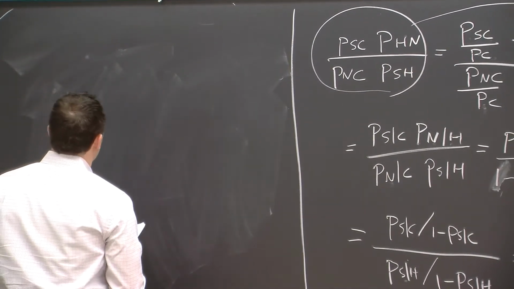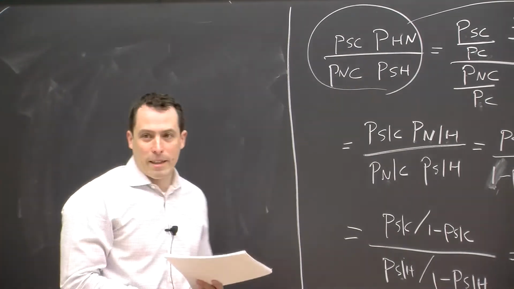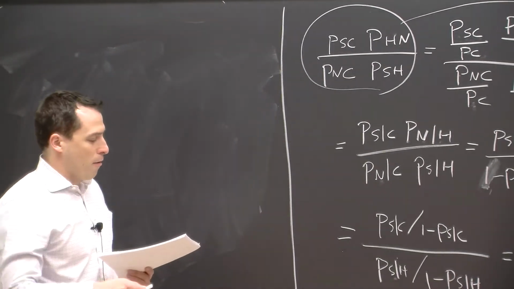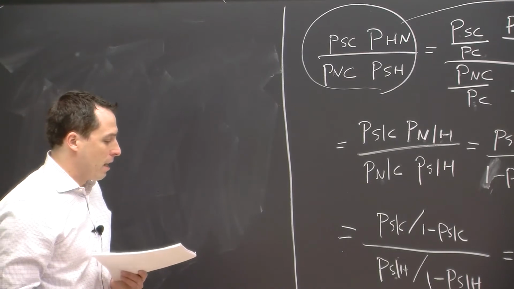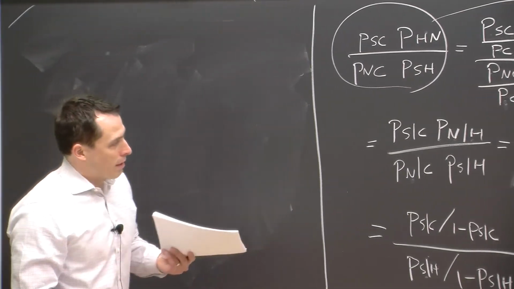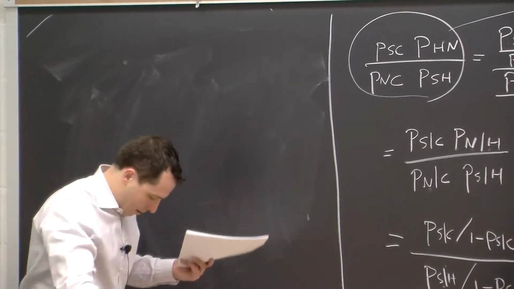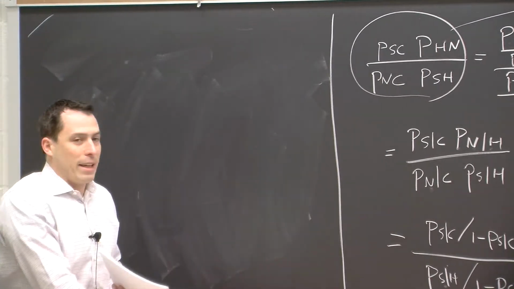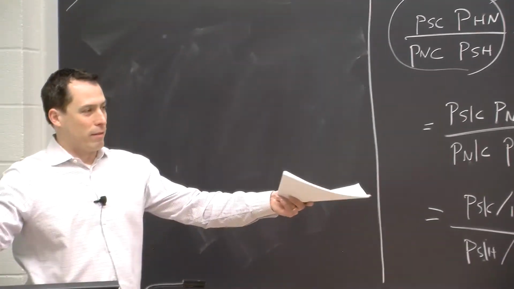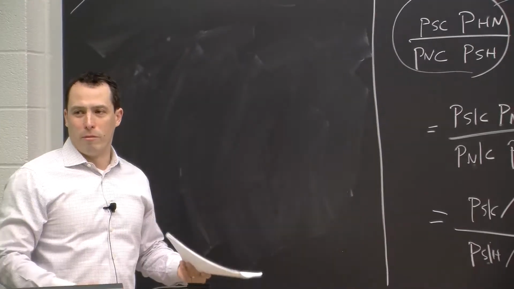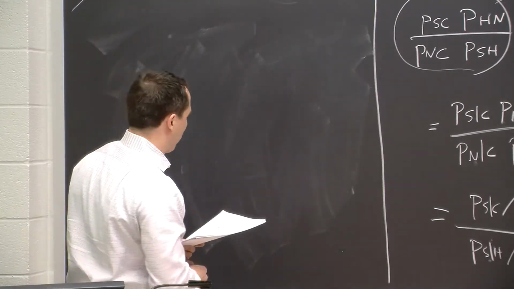Odds again comes from the idea of betting, or a bet that someone's willing to take. Imagine you wanted to bet on the presidential election or on some other outcome, whether it's going to rain today, and you had two different pools of bettors to choose from, two different markets.